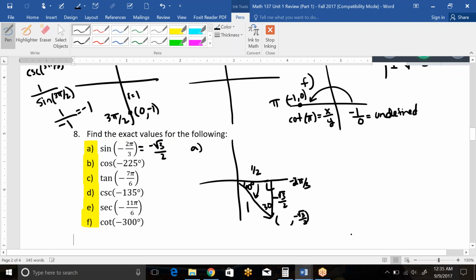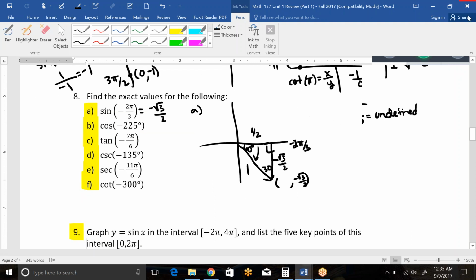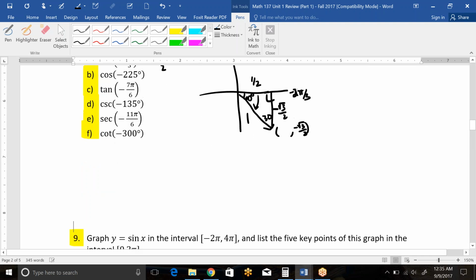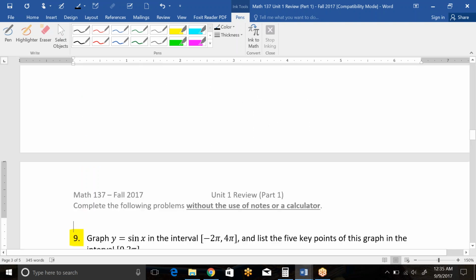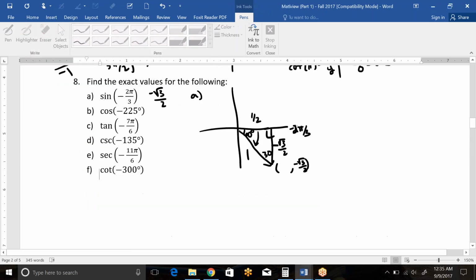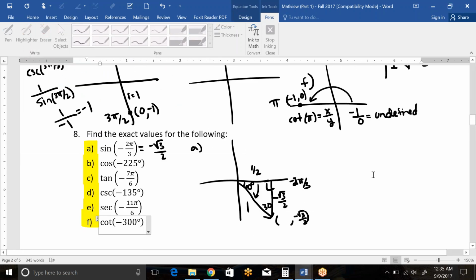Cosine of -225. So we have to figure out where that would be on a picture. So for B, let's draw a picture real quick. I'm going to make sure I give myself plenty of room before we get too far into these. All right, so for B, -225 degrees.